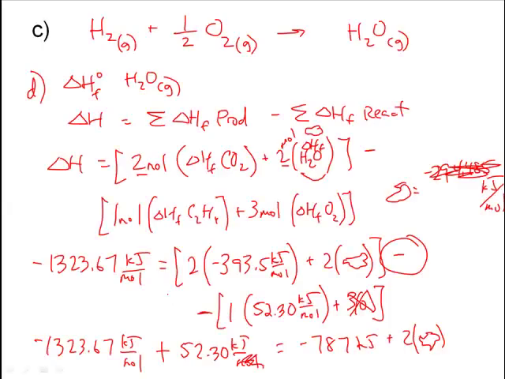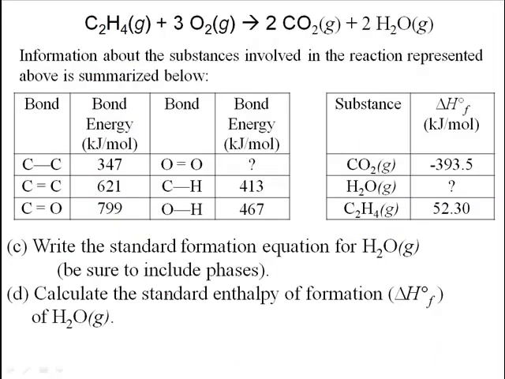Now, as you can see in all these problems, you've got to use information as you gather it to solve the next problem. When you come across a problem where you think, I don't know what delta H is, where is it? I can't see it. Calm down.